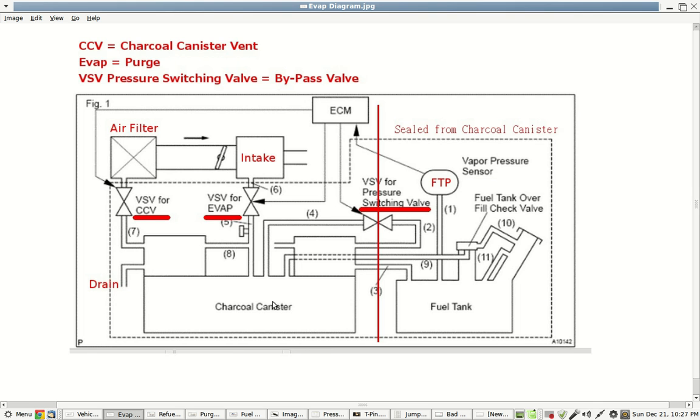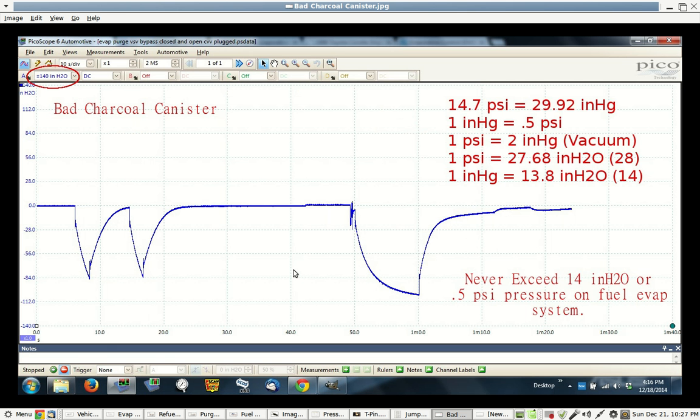I'm only checking the charcoal canister, the purge and vent valve, and the piping that goes back to the engine. So I automatically know that this system either has a hole in the tubing, or it's got a bad charcoal canister. Even though there could be other problems with this system, I'm going to have to put a charcoal canister on it before I can check the rest of the system.